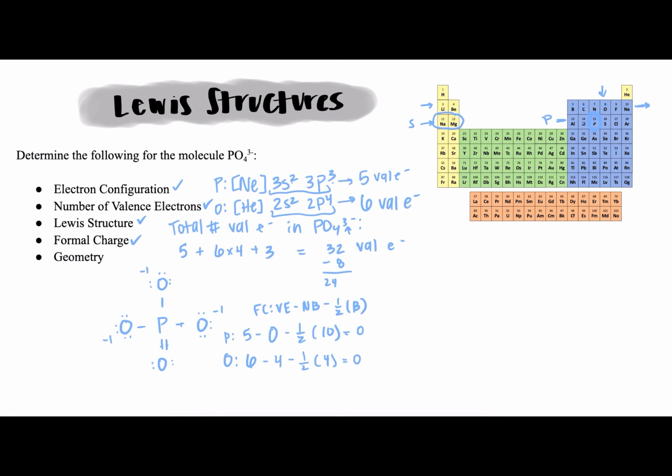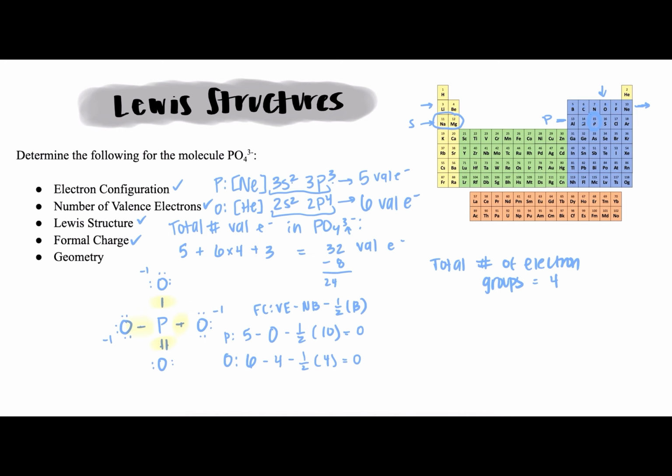Now to determine geometry, we have to consider the total number of electron groups. And that will be 4 total electron groups, because this double bond is counted as 1 electron group.